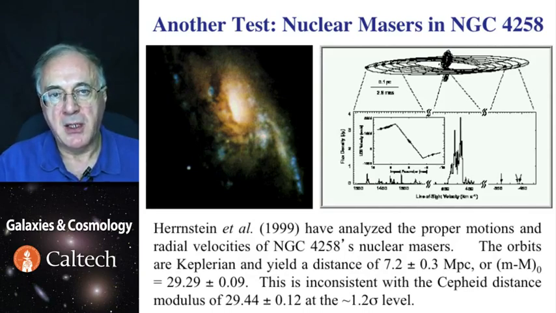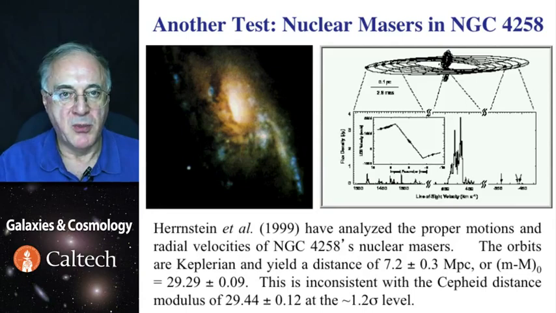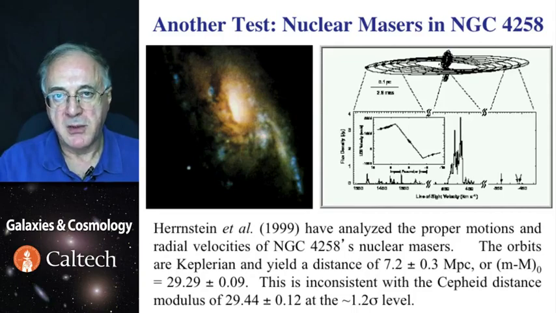These are interstellar clouds that have very sharp lines due to the coherent emission, and as they're moving around the center of this galaxy, they can be used to measure the central mass, but also they can be used to measure the semi-major axes of these orbits. This was the first case in which this was done. Since then, there have been more, and the distance to this particular galaxy was found to be consistent with that one determined by the Cepheids.